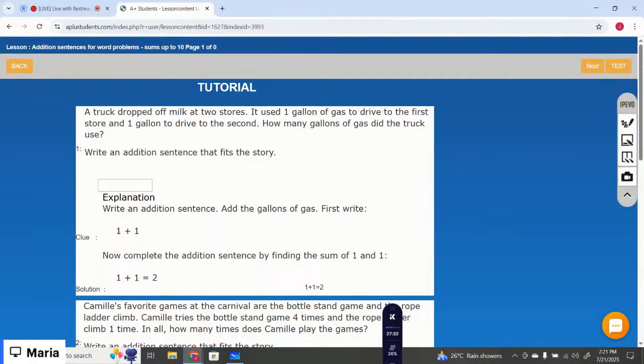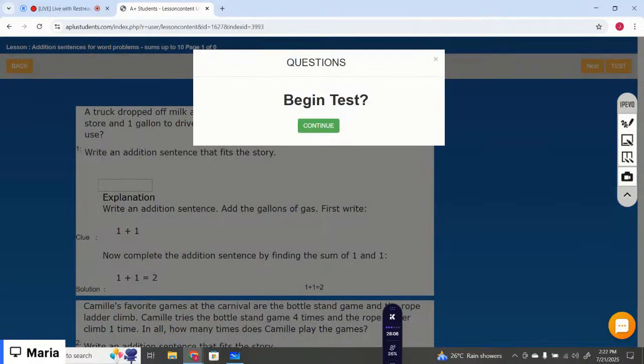So 1 plus 1 makes 2. Let's just start with the test questions.